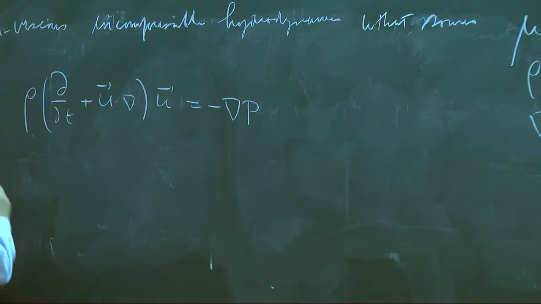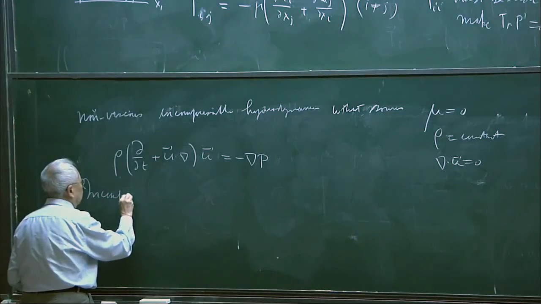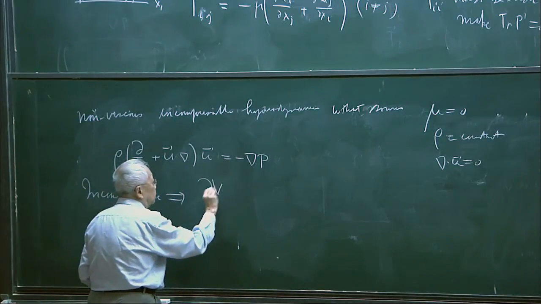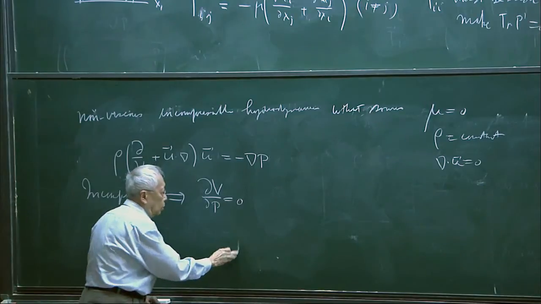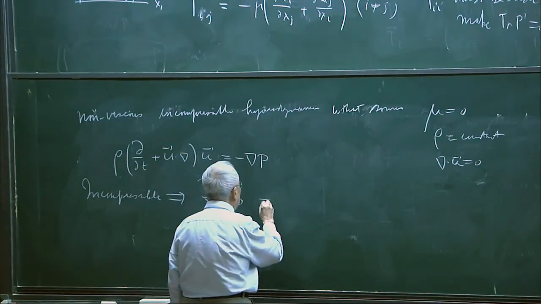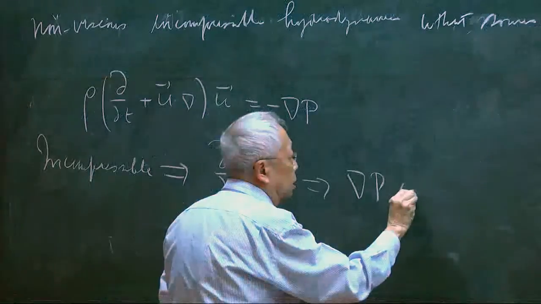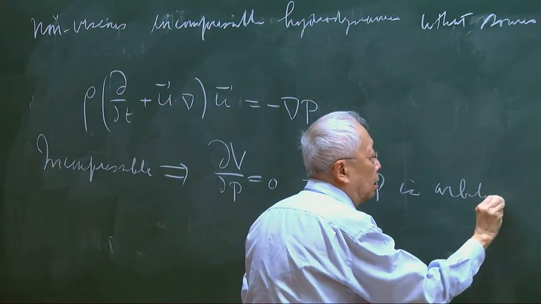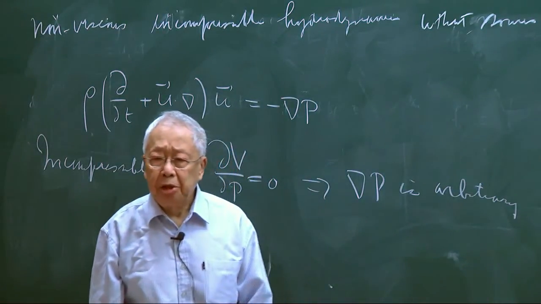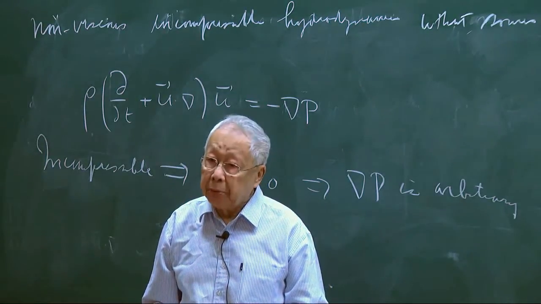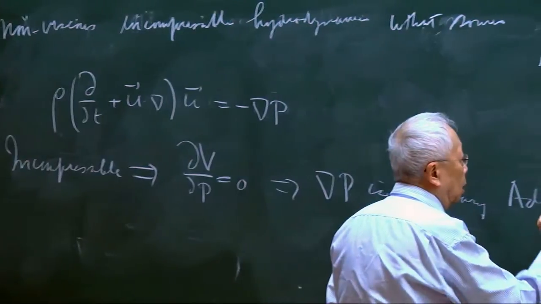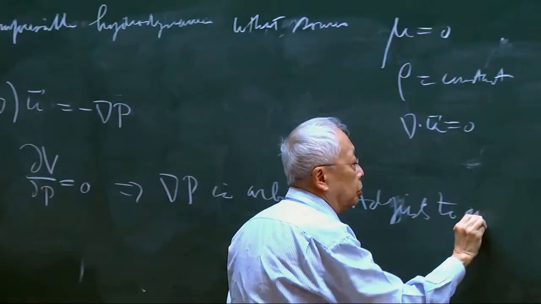And incompressible means that dV/dP is 0. When you change the pressure, the volume doesn't change, or the element doesn't change. And this means that gradient P is arbitrary. That's a peculiarity of incompressible flow. This gradient P is arbitrary. It will adjust to anything you want depending on the boundary condition. That's a very important thing. It adjusts to any boundary condition.